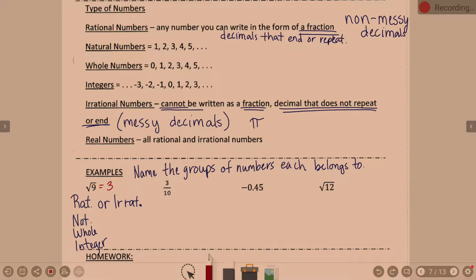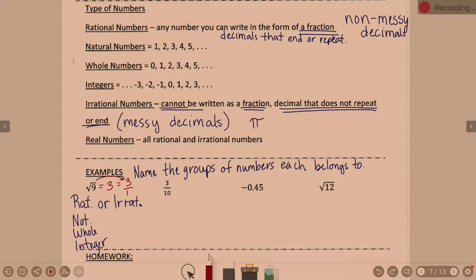Can 3 be written as a fraction? 3 over 1. How do you take any whole number and make it a fraction? You put it over 1. So that right there is 3 over 1. So square root of 9 is equal to 3 over 1.